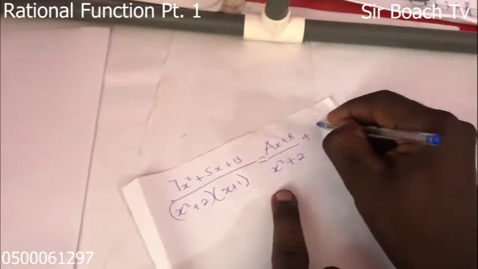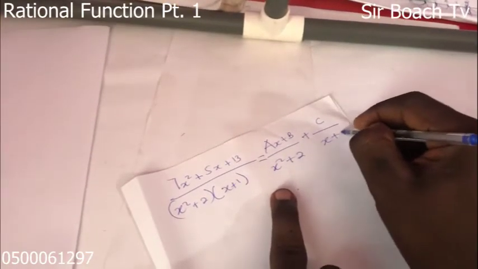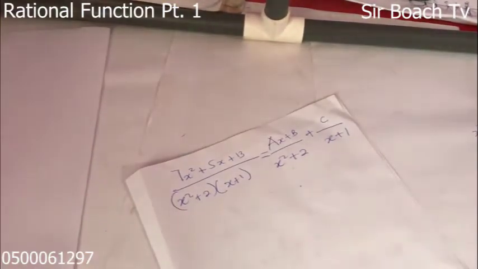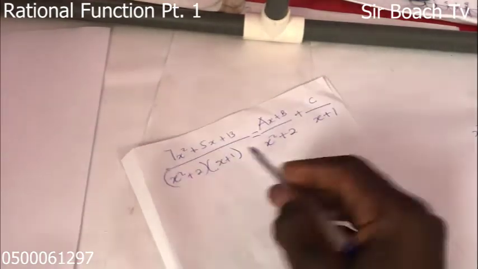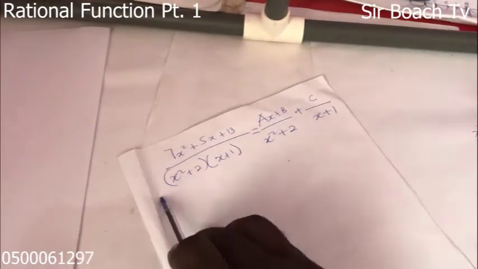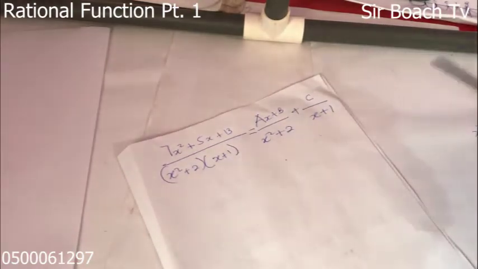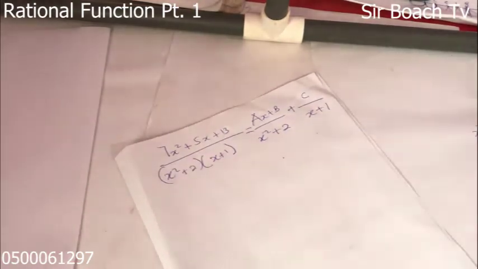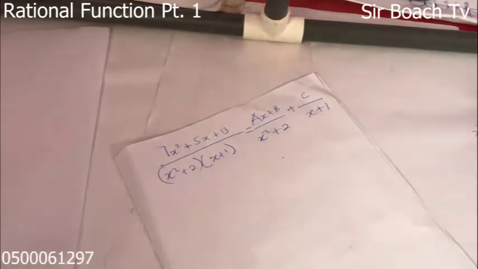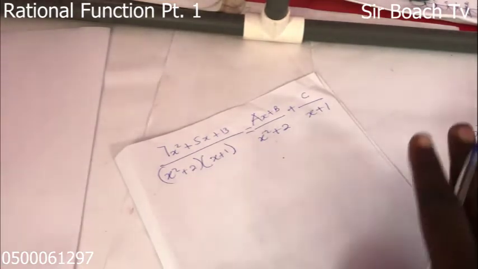Then plus the c component will have the x plus 1. If this one was to be here, and this one on the other side, the a will come first on this one, then on the other side, the bs plus c will be on this one. So it's the same thing, just that they've changed it just to confuse you. It's not anything difficult. Just let's move with the flow.